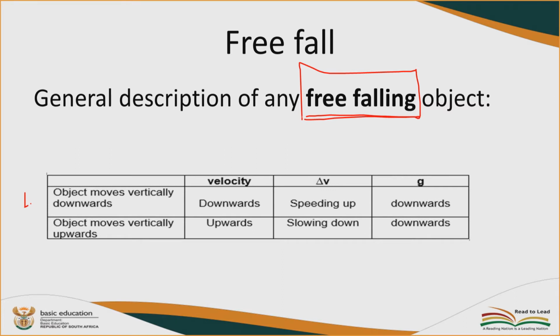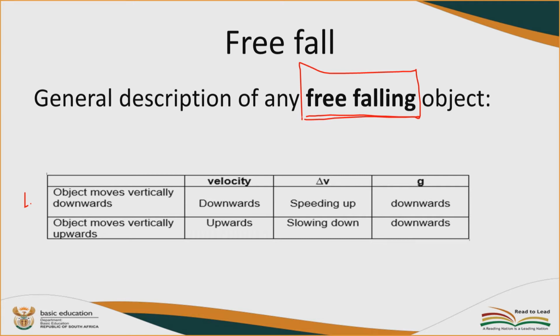Then the direction of acceleration is the same as the direction of velocity, which is downwards. Very, very important. So an object that moves vertically downwards under the influence of gravity only will speed up. It means it will move faster and faster. So the direction of acceleration is downwards as well as that of velocity. Very, very important in terms of our free fall.